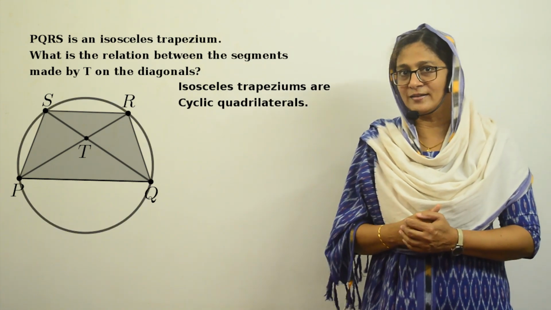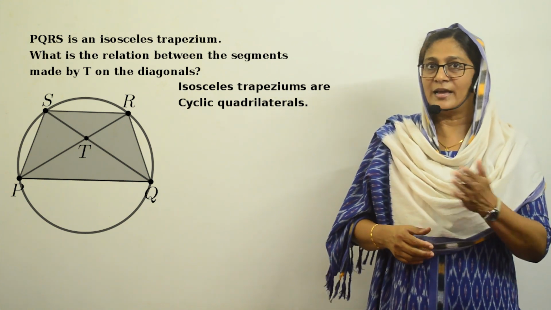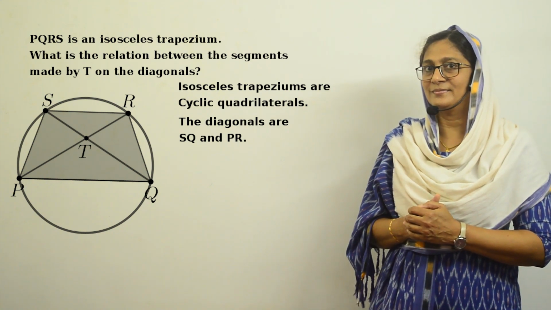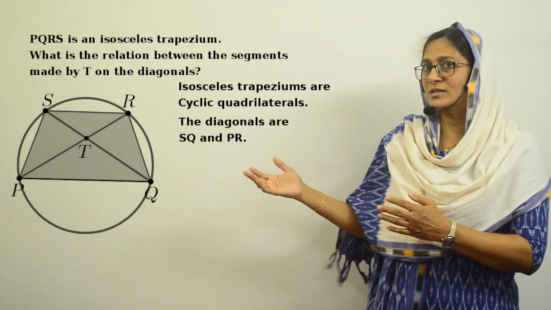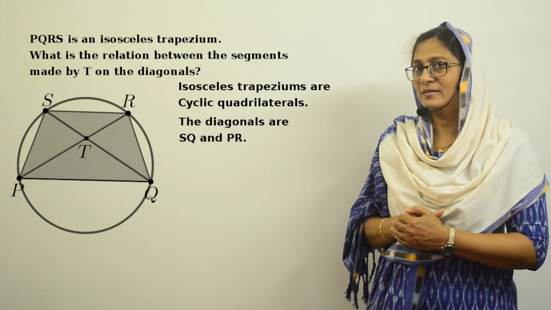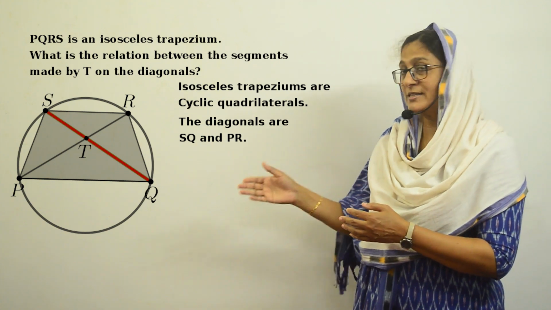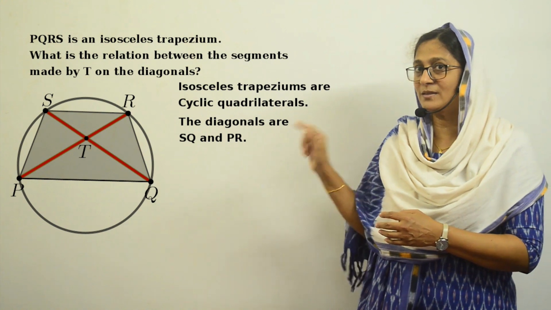Now look at the diagonals of the isosceles trapezium. The diagonals are SQ and PR. Aren't they chords of the circle? Can we not say that SQ and PR are intersecting chords of the circle, which meet at the point T?